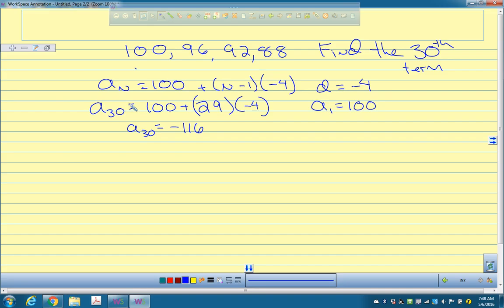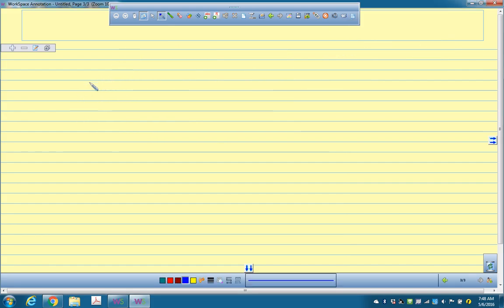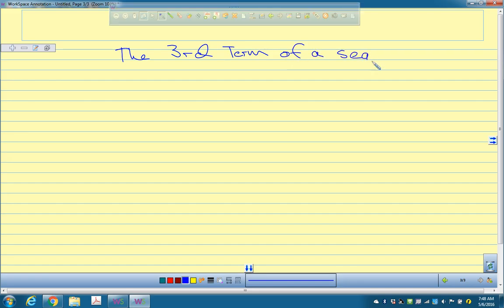So then sometimes they throw tricks at you. Okay? Isn't this easy? Is this easy so far? So what if they say the third term of a sequence is 24. The eighth term is 49.